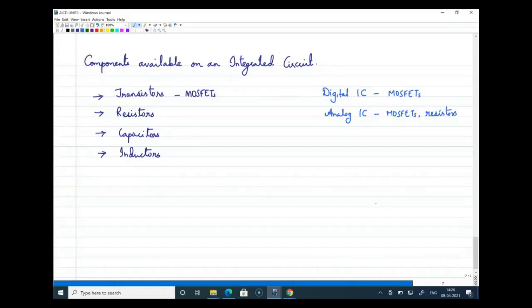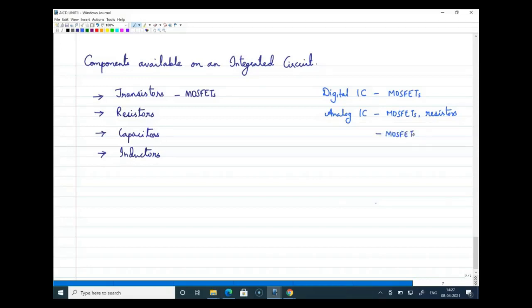In certain cases we will definitely use some diodes for some applications. So when you see resistors along with MOSFETs, most likely the function realized by the integrated circuit will be analog in nature.